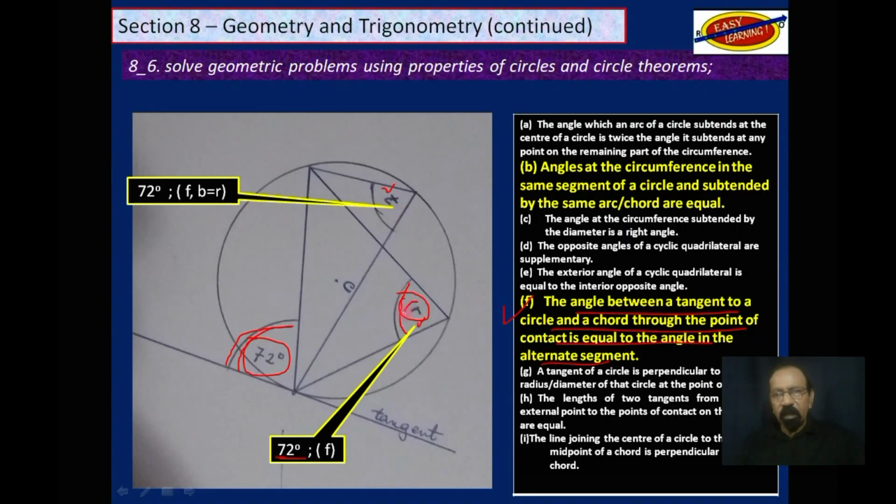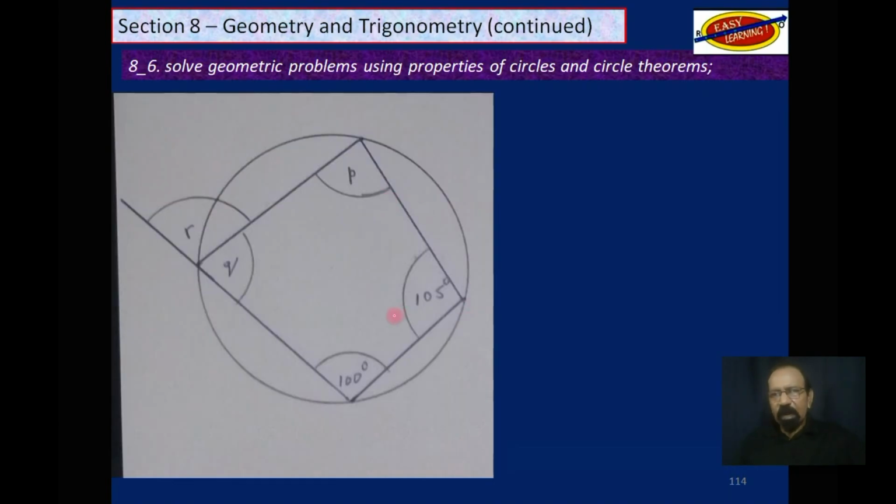Or, now that you know that this one is 72, that one is also 72 because of this: angles at the circumference in the same segment of a circle and subtended by the same arc or chord are equal. But you would use first principles first. If you could get that angle directly without going through this one, fine. If you cannot, then you will use this one to get to that. But we don't need to do that. We can go directly from this angle to that one.